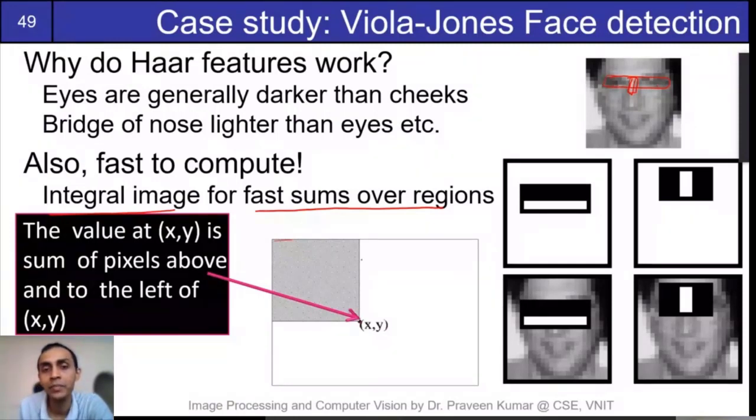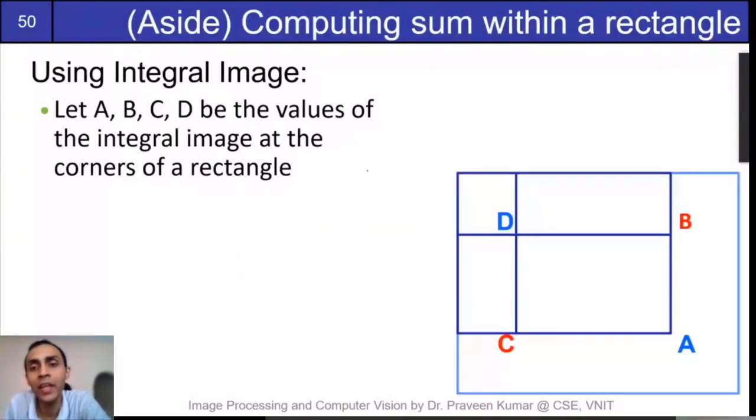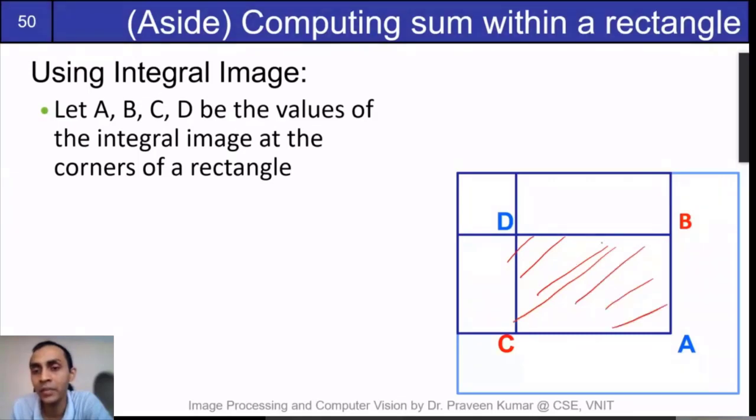This is called an integral image. Now, using that integral image, it is very easy to find the sum of pixels in any region, with just a few plus and minuses. How? Let us say we are interested in finding the sum of pixel values in this rectangle ABCD.